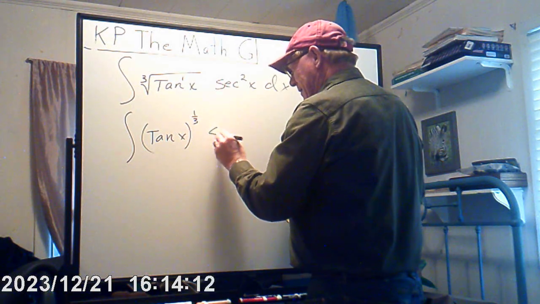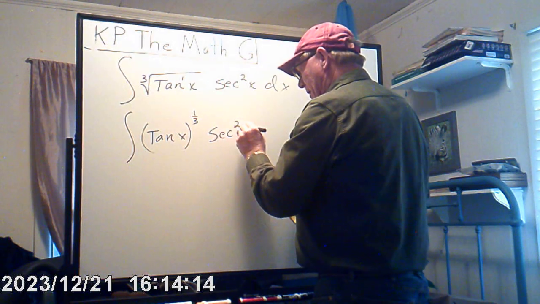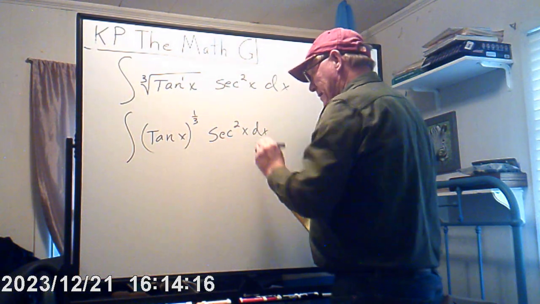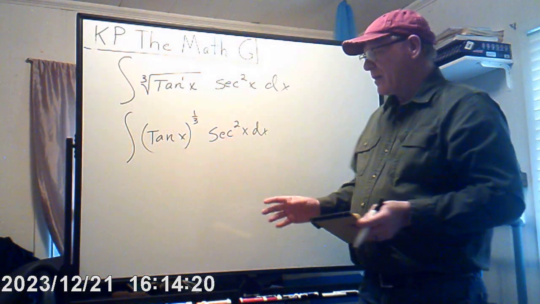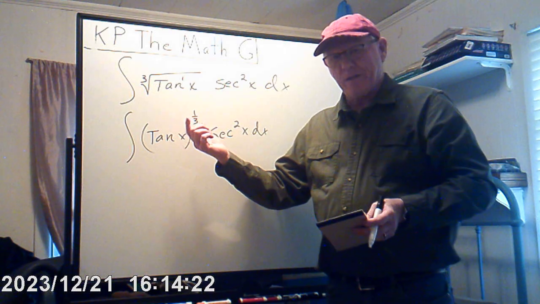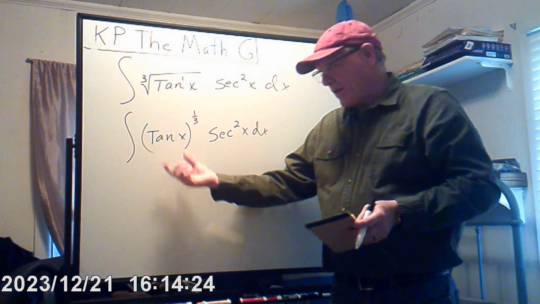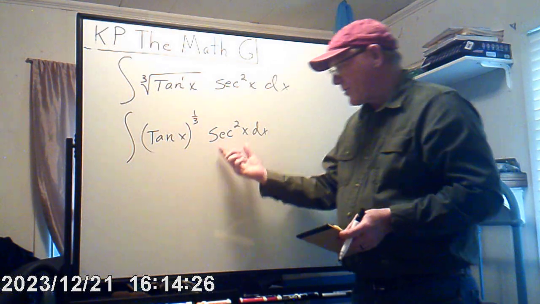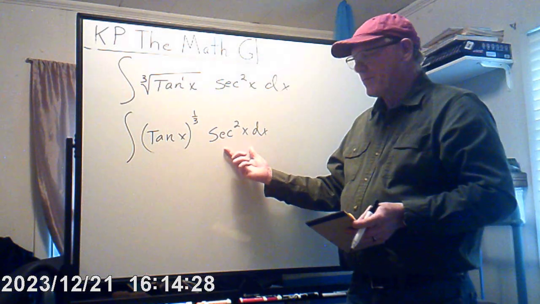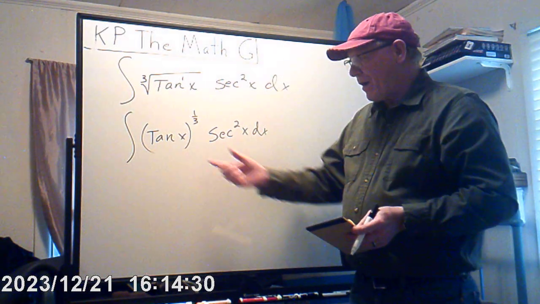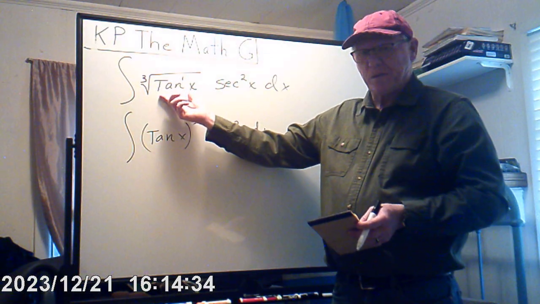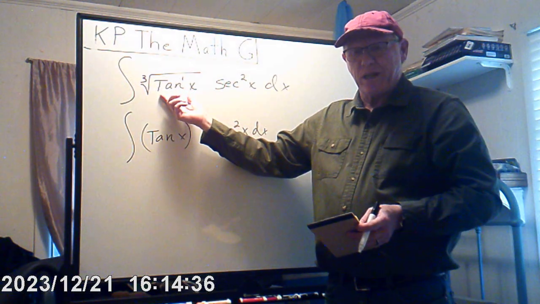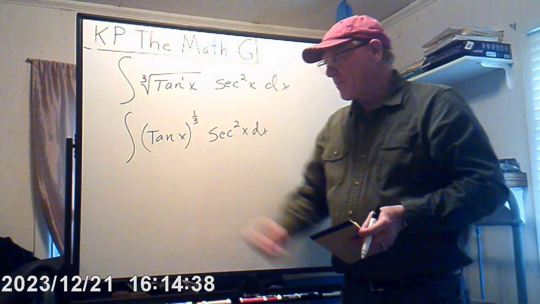Alright, secant squared x dx. Think about this, guys and girls. The derivative of tangent is secant squared. Okay? So I want u to be that. Anytime I have a radical, most likely you're going to let u be this right here.